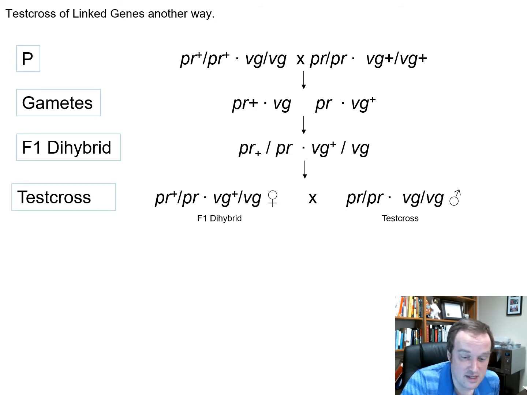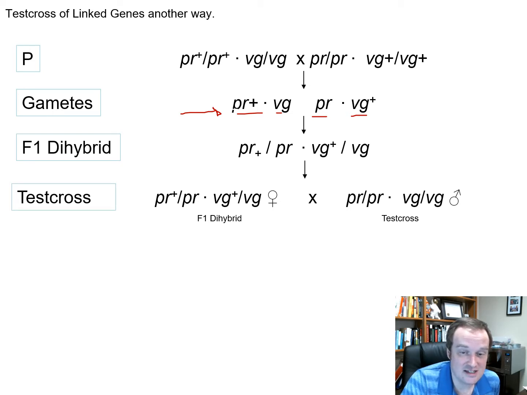And so from this, we see that our gametes now are mutant VG wild type PR, and mutant PR wild type VG. So in our dihybrid here, we have again the same mutant alleles.